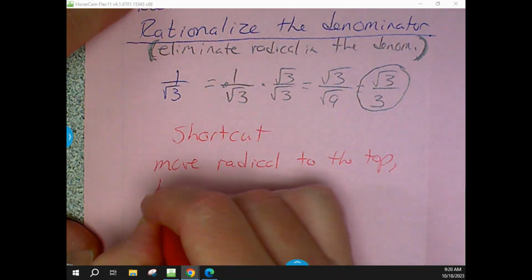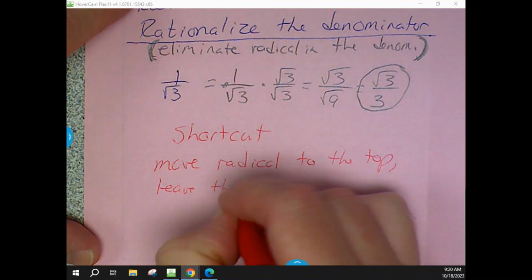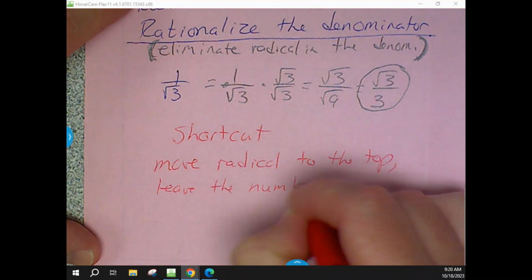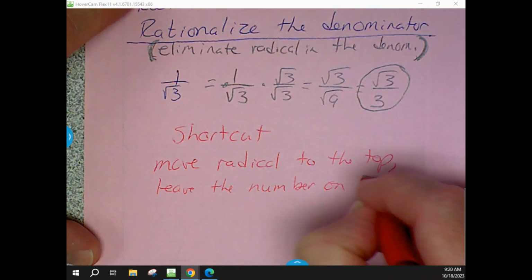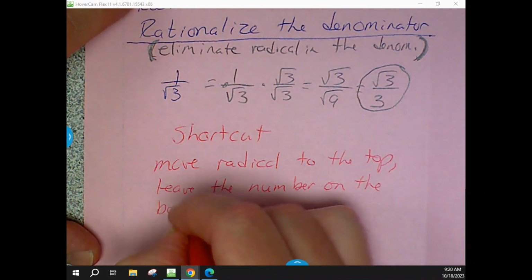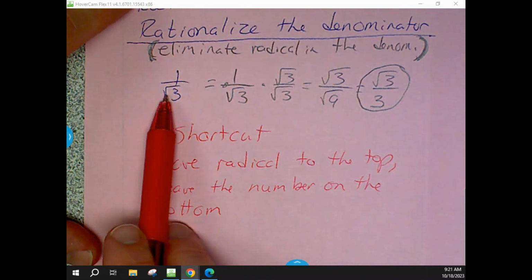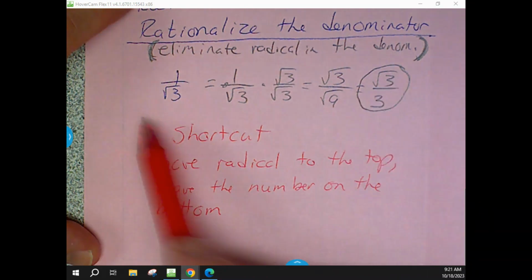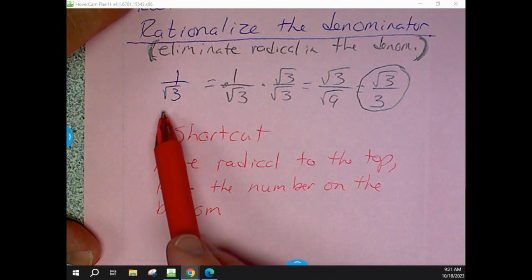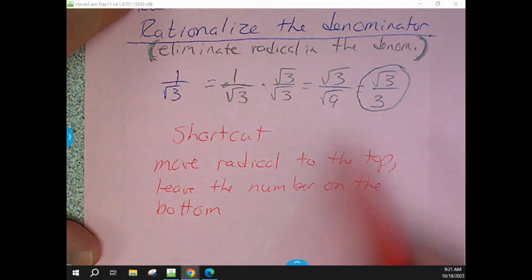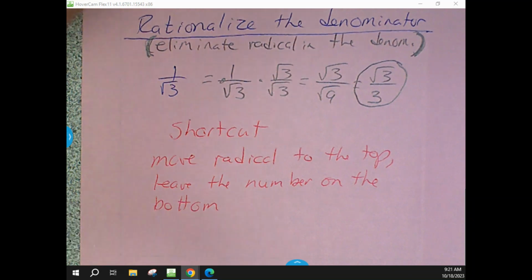And then you just leave the number on the bottom. So we took the square root of 3, moved the square root of 3 to the top. On the bottom, we're going to leave the square root off and just put the 3 on the bottom. That way, it's still doing the same thing. It's just a little bit of a shortcut to do that.